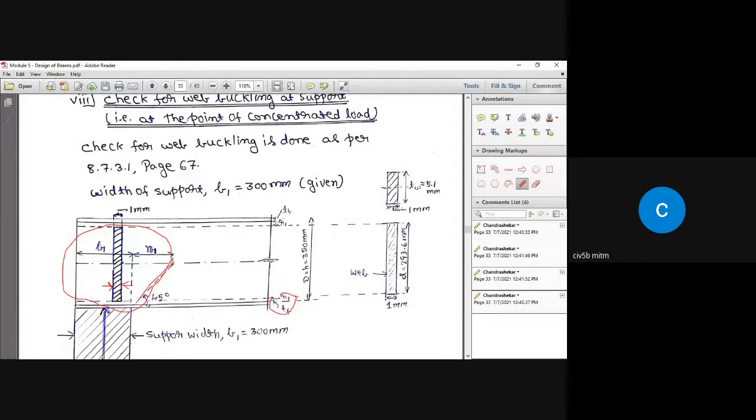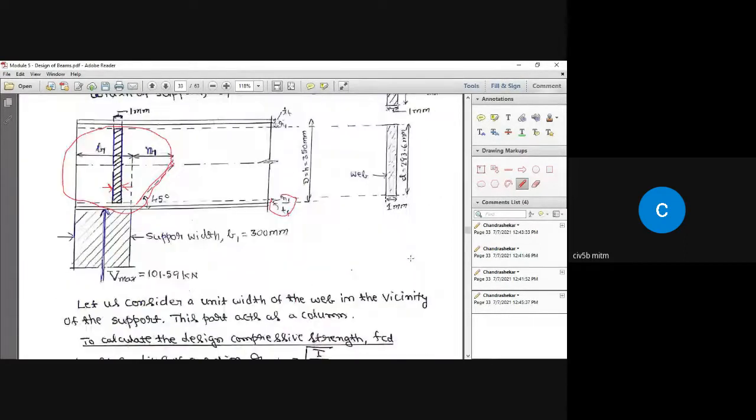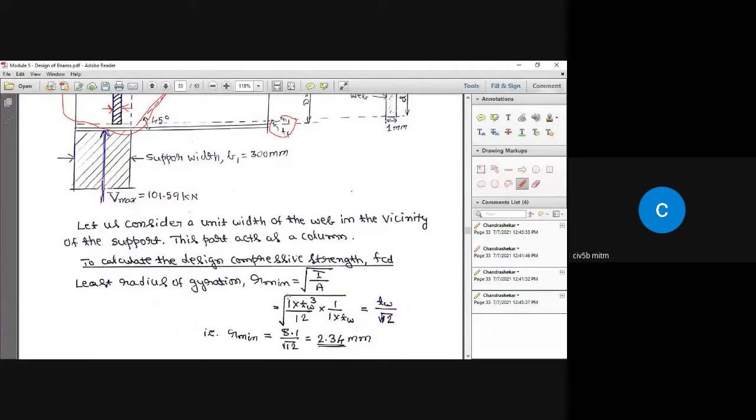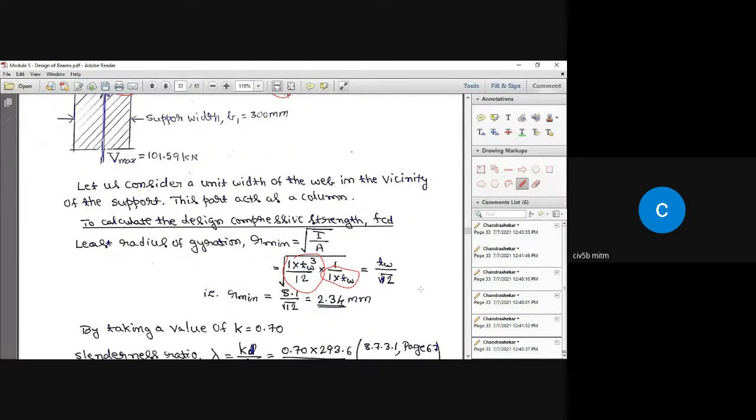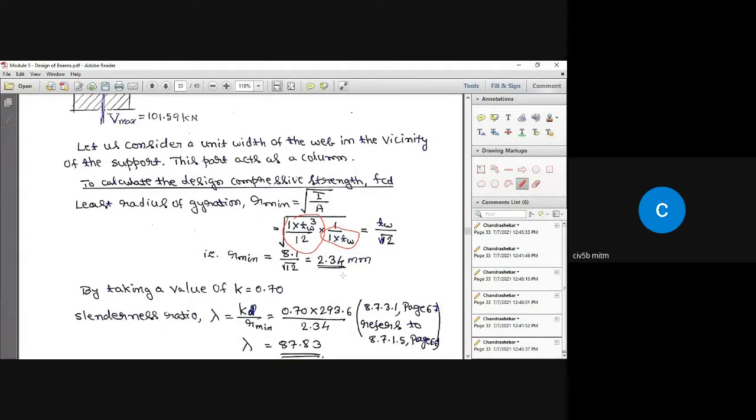What is I? 1 millimeter multiplied by TW cube by 12, that is the bd cube by 12 formula, divided by the area of that column, 1 multiplied by TW. Finally, we got the radius of gyration equal to TW by root 12, that is 2.34 millimeter.